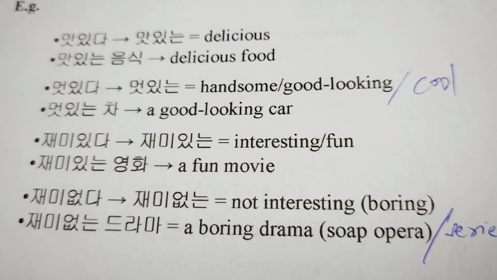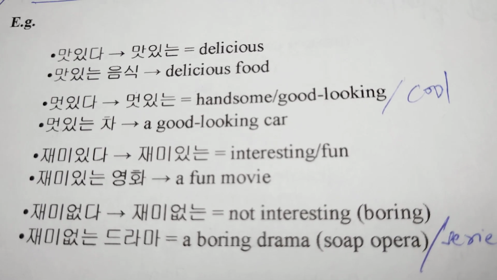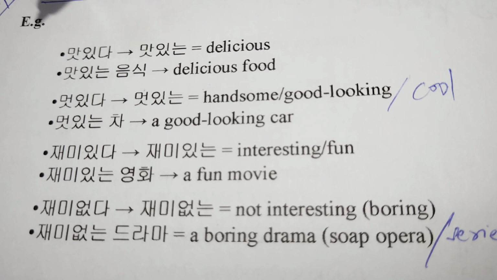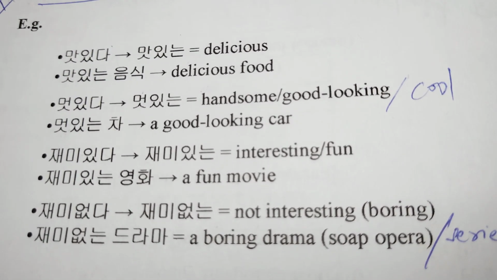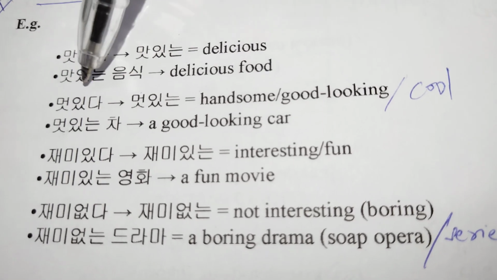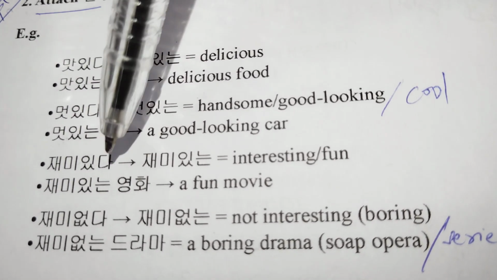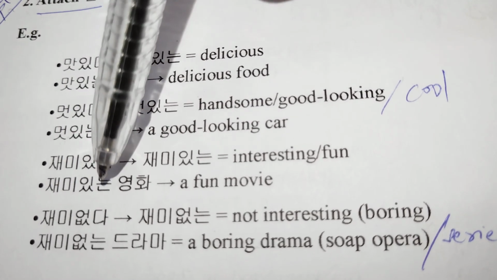You took off da, right? In da's position, you would just add a nin, and that would work. Like mashita would become mashinnin, mashinnin 음식. 멋있다, 멋있는 차. 재밌다, 재밌는 영화.